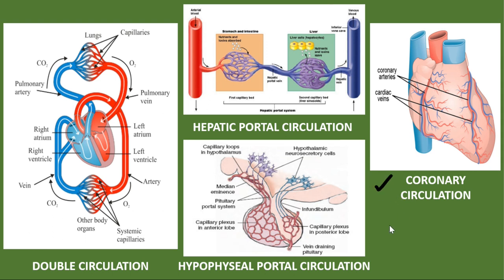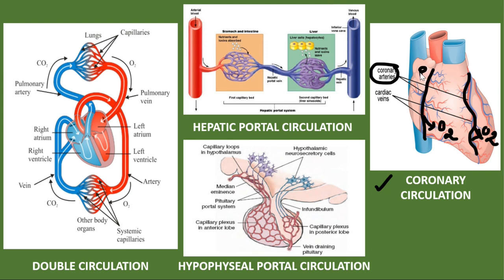Coronary circulation. So a pair of coronary arteries supplies oxygenated blood to the heart muscles or to the cardiac muscles.